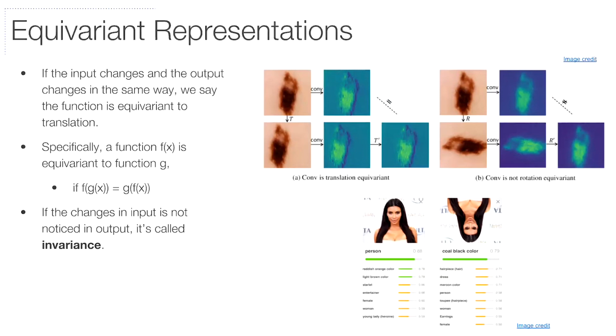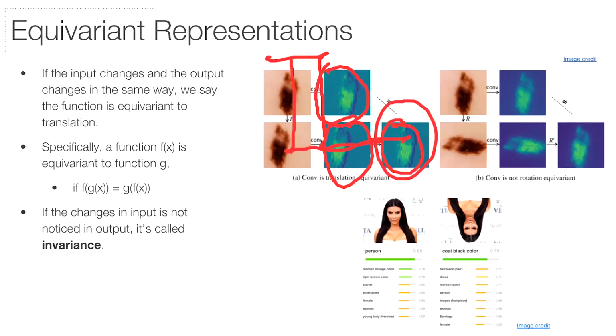In other words, specifically from a mathematical perspective, if there is a function f(x), then we say it's equivariant to function g if f(g(x)) is the same as g(f(x)). Or to visually understand this, if you apply a convolution this way first and some other translation over here, so if you move this way and come this way, or if you apply the transformation first and go this way, the output will be exactly the same.